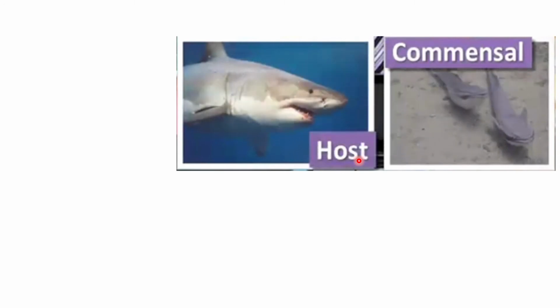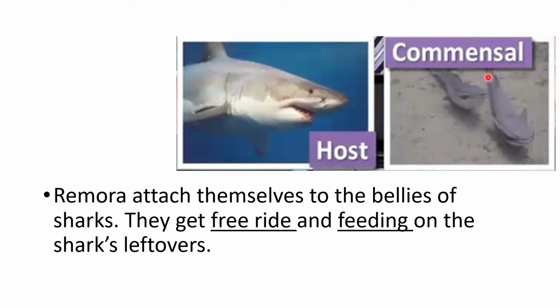Okay, another example of commensalism is between the remora fish and also the shark. Okay, di mana this remora fish is attaching themselves near the body of the sharks, the belly of the sharks. Therefore, they are getting free ride, and also they feed on those scraps from the shark's mouth.